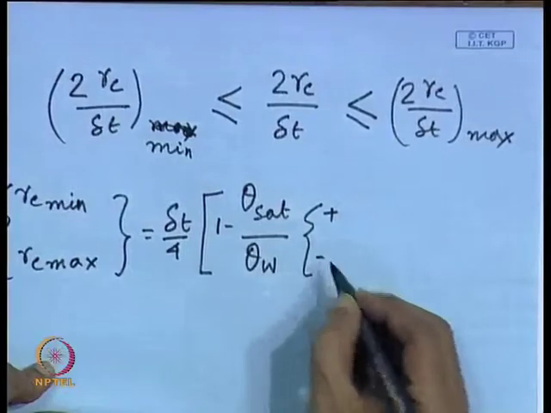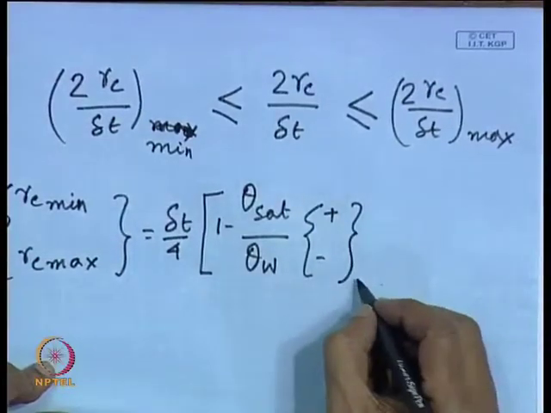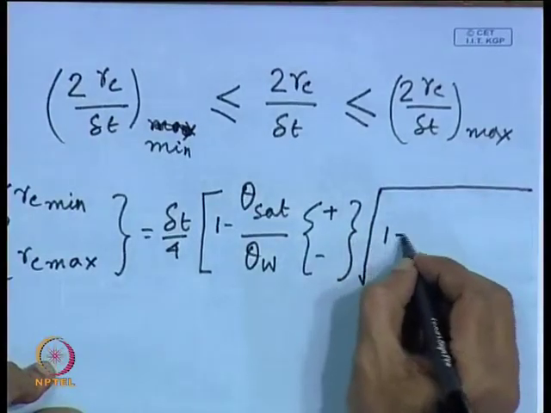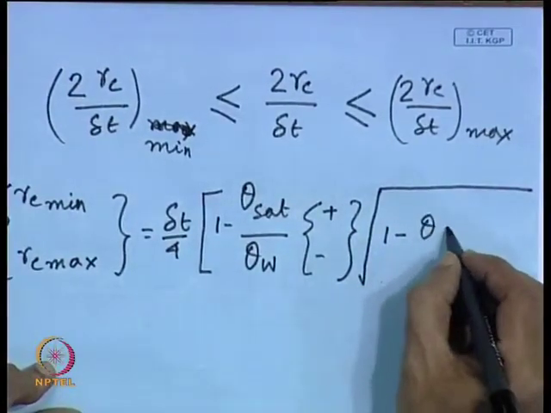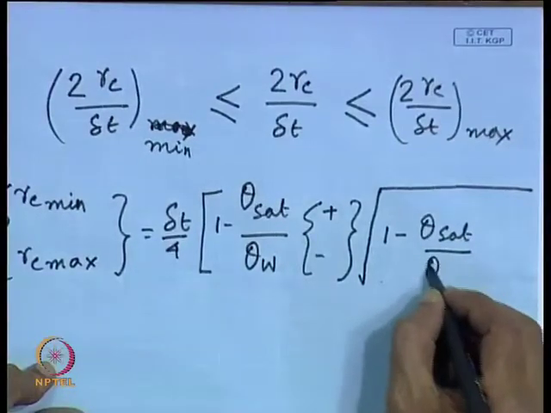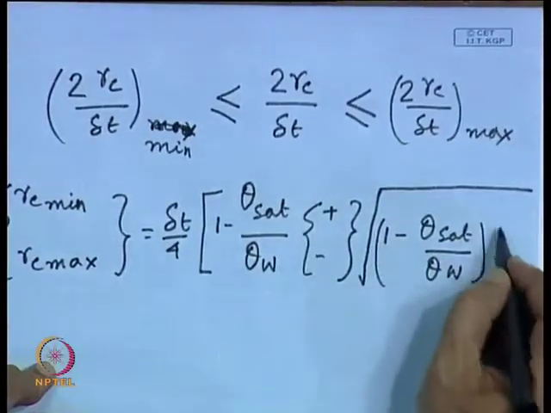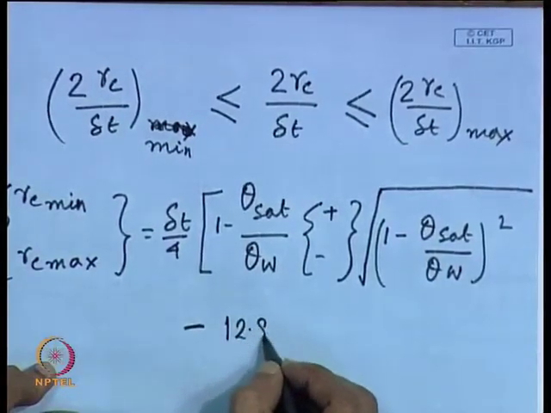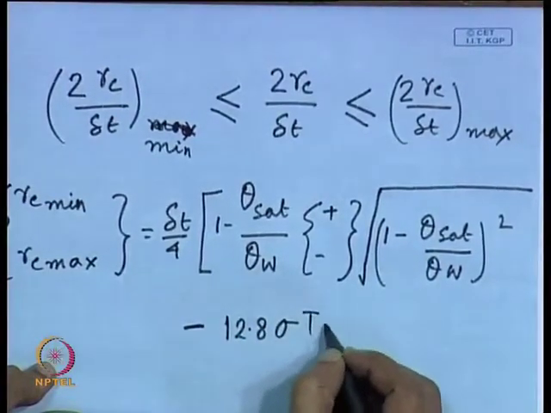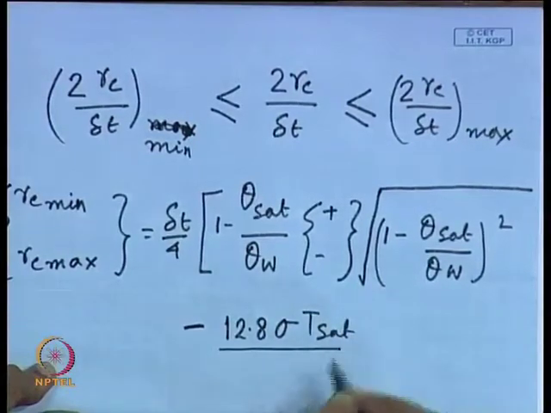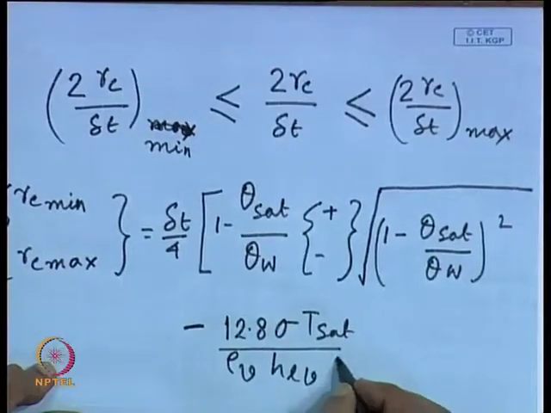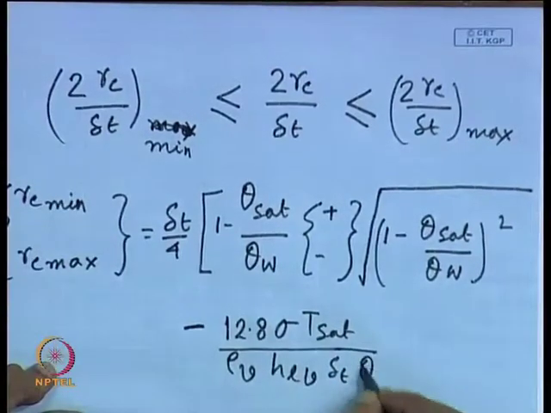This is plus, this is minus, one minus theta sat by theta w whole square minus, this is within the square root itself, 12.8 sigma T sat by rho v H L v delta T and theta w.